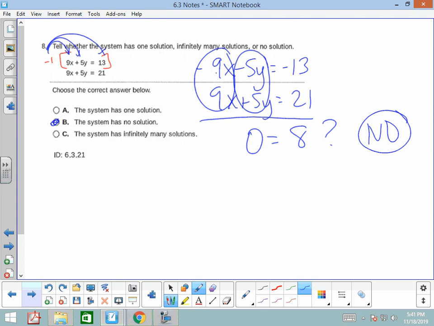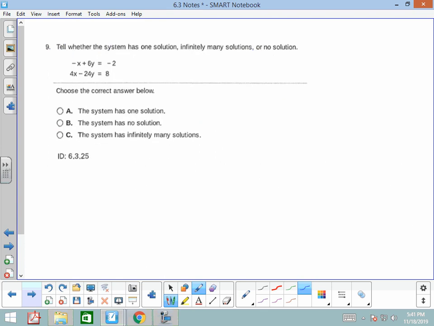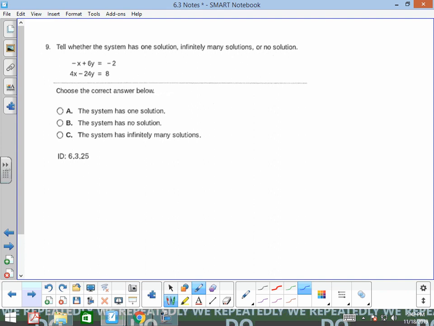Okay, now let's see which one is infinitely many, what it looks like. All right, so on the top, let's just say I'm going to get rid of the x terms. I'm going to multiply everything by 4 on the top. That way I add the x's together and I'm going to get 0. So that's negative 4x plus 24y equals negative 8.